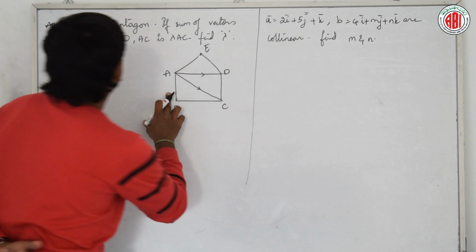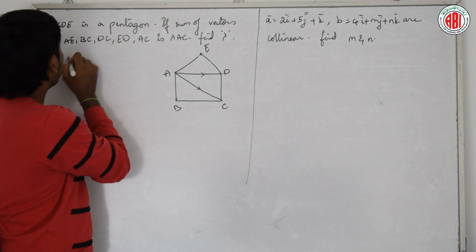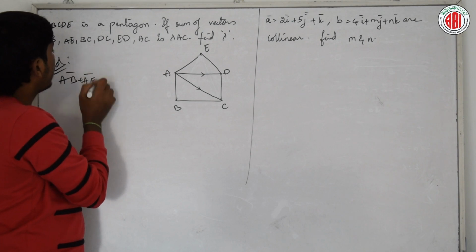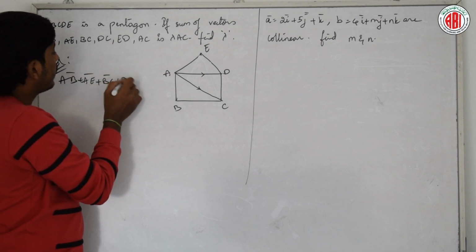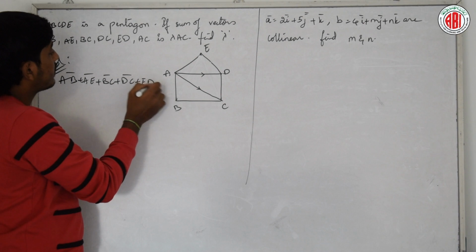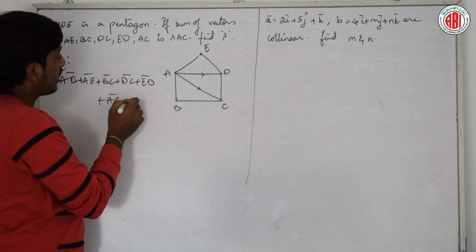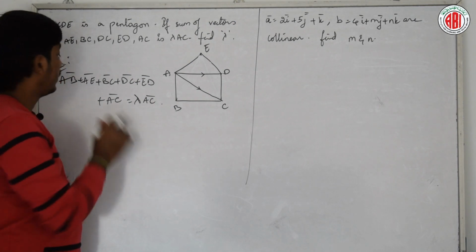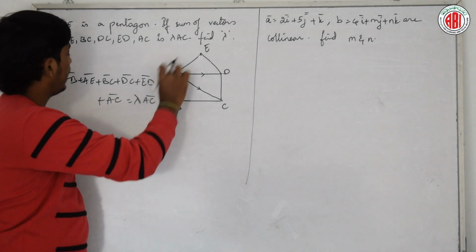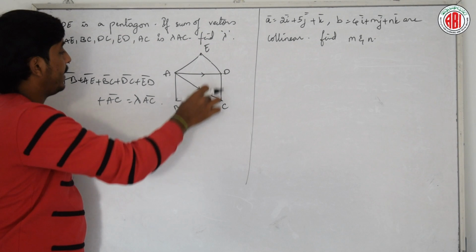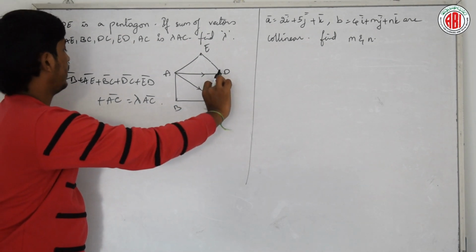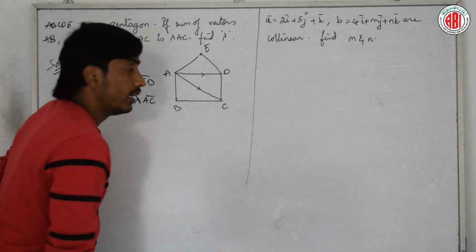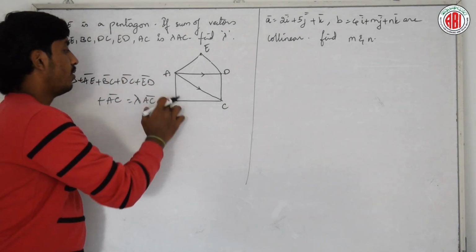Here the sum of all, what are those all? AB plus AE plus BC plus DC plus ED plus AC is equal to lambda AC. Isn't it? Where is AB? AB, AE, BC, DC and ED. Clear? Fine.